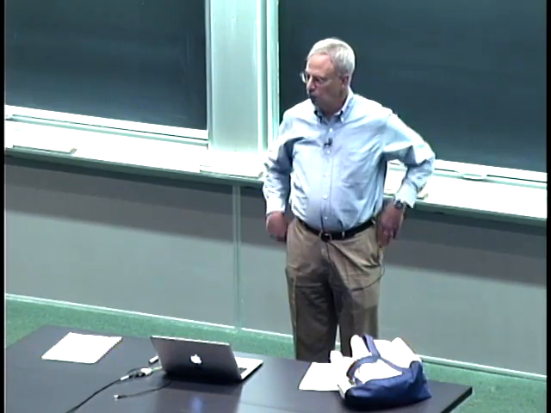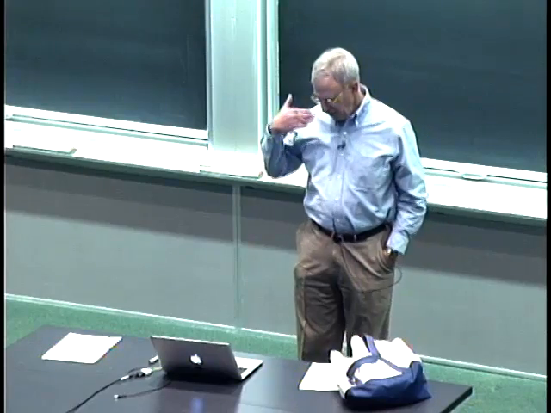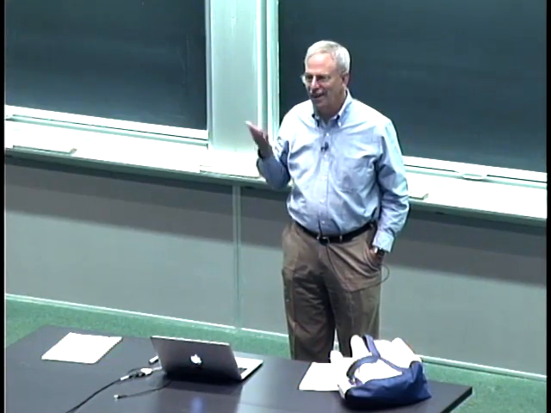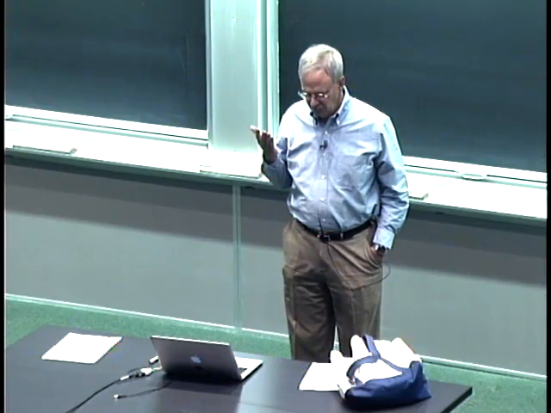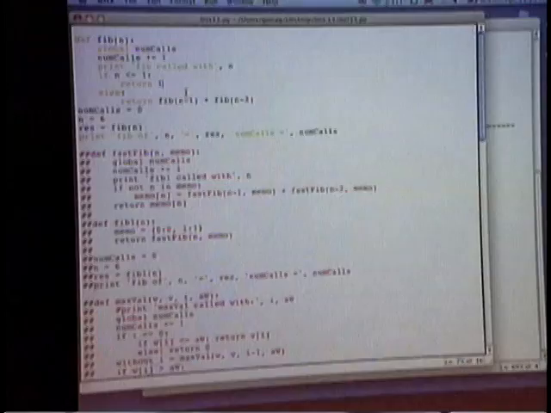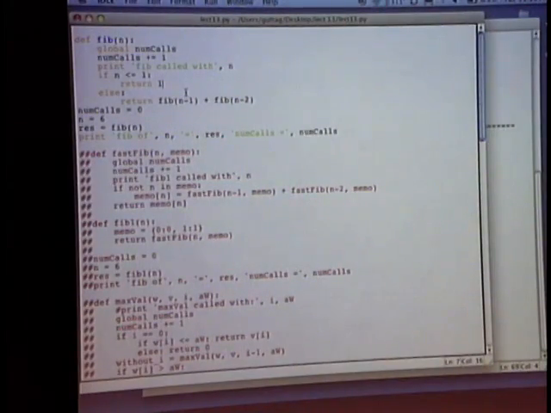Why is it taking so many? Well, what we can see here is that I'm computing the same value over and over again. Because if we look at the recursive structure of the program, what we'll see is I call fib of 5 and 4.